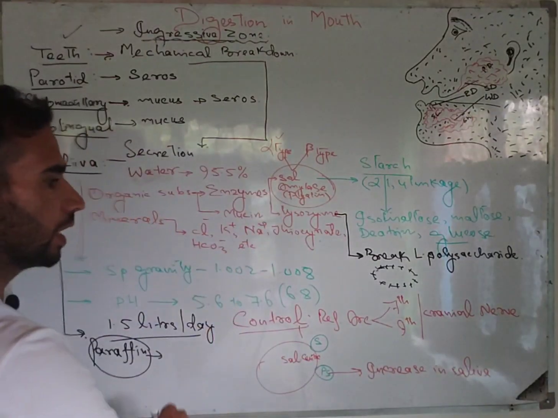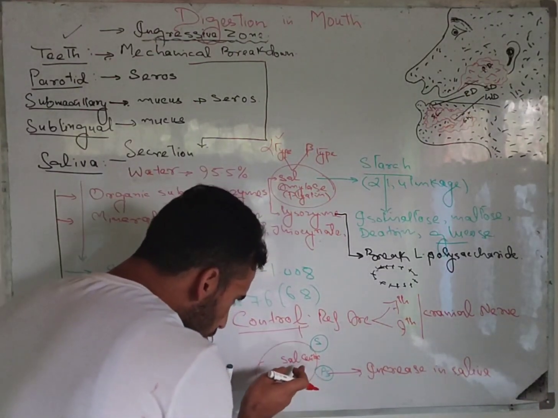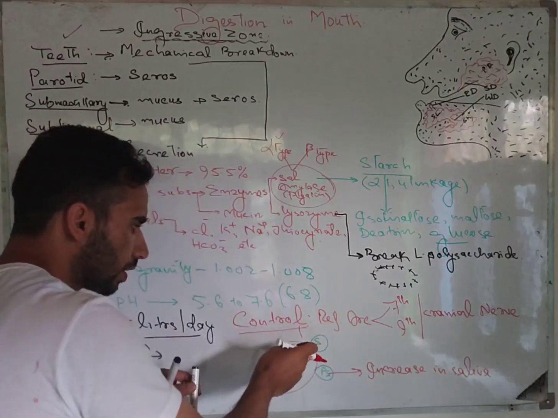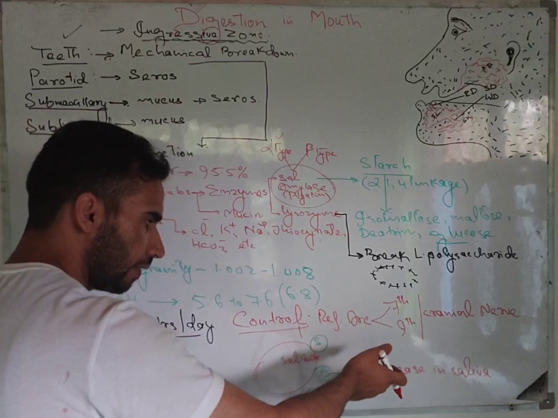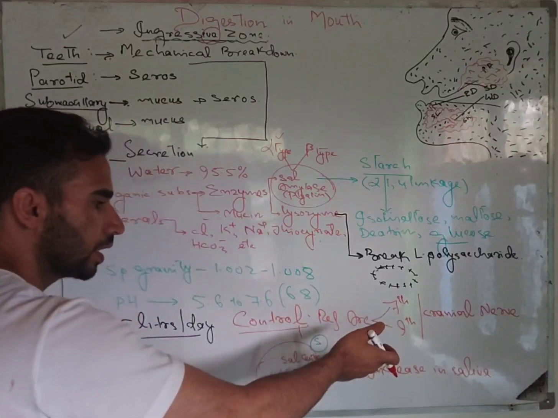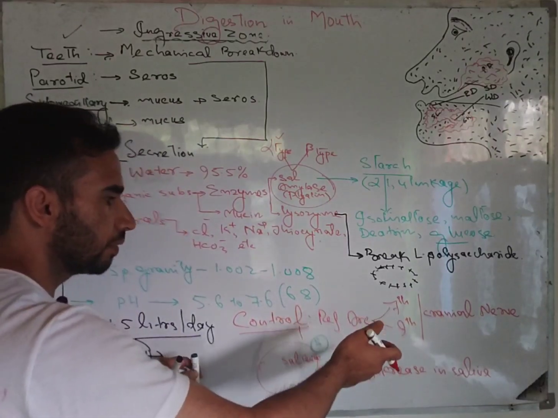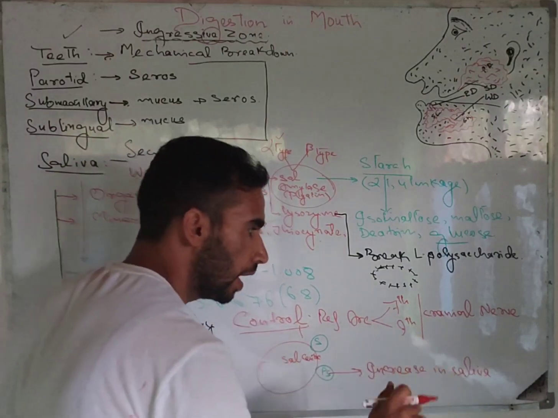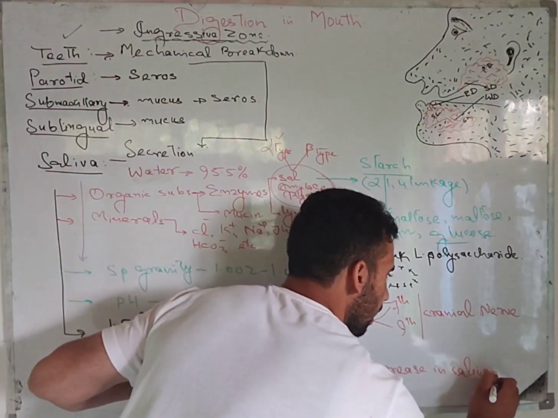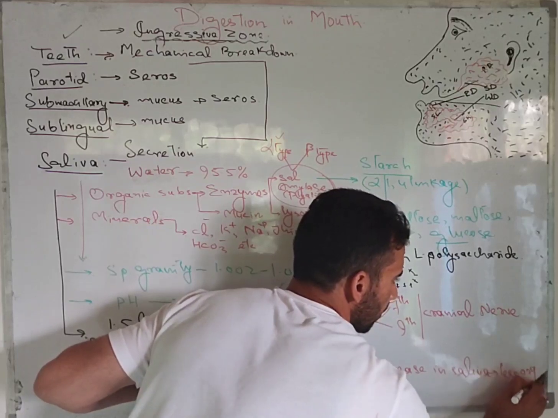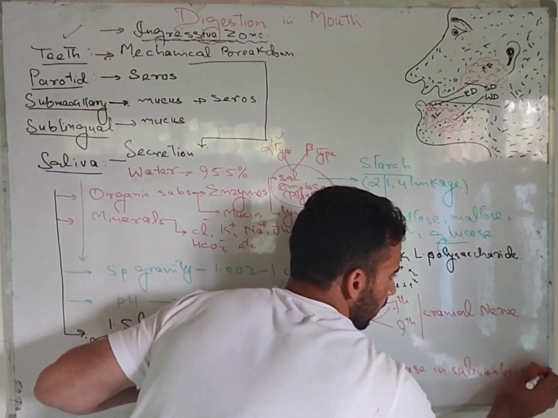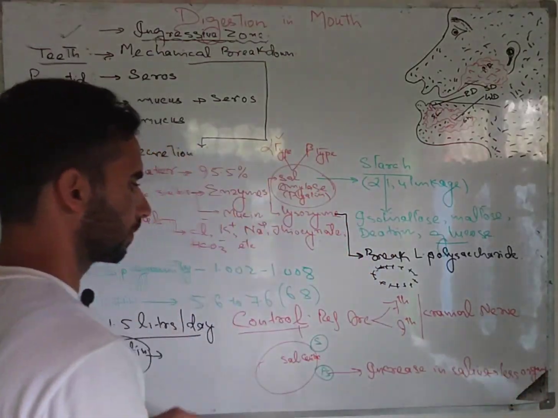Remember here one thing: when our salivary center regulates the synthesis of saliva through its parasympathetic nerves, it leads to an increase in saliva, but that saliva contains less organic substances. Remember please, less organic substances.